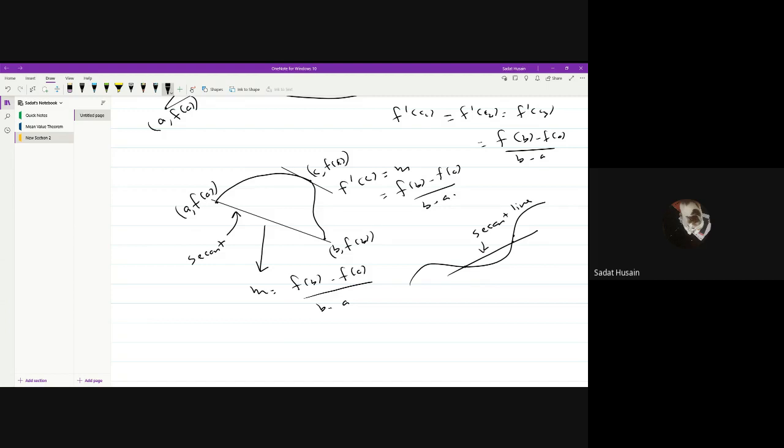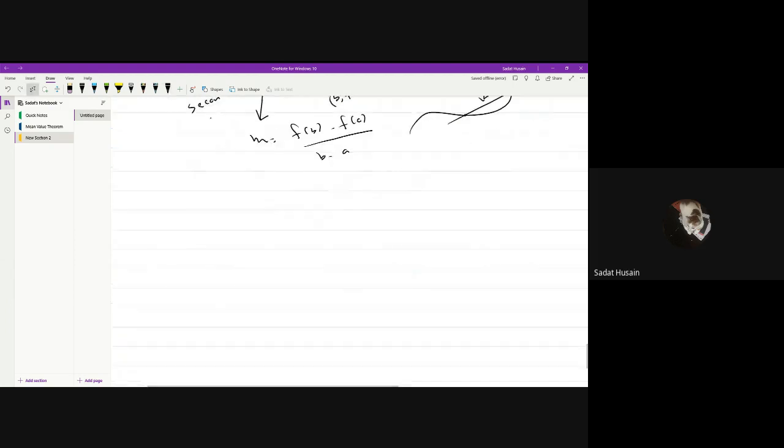But let's look at some examples of the mean value theorem. For example, example 3 from Stewart's calculus, page 293.